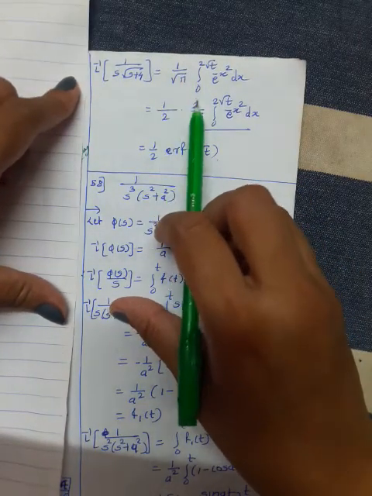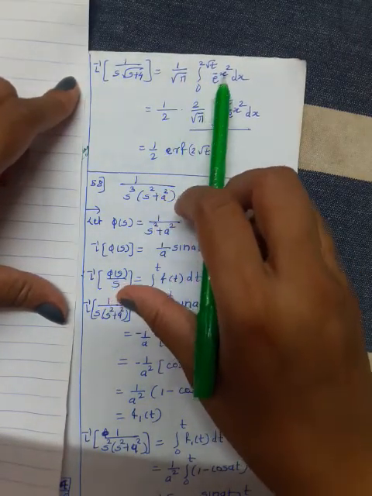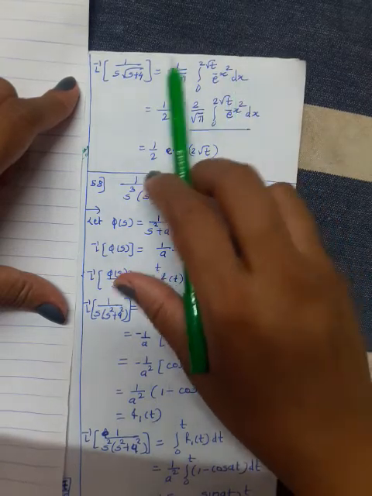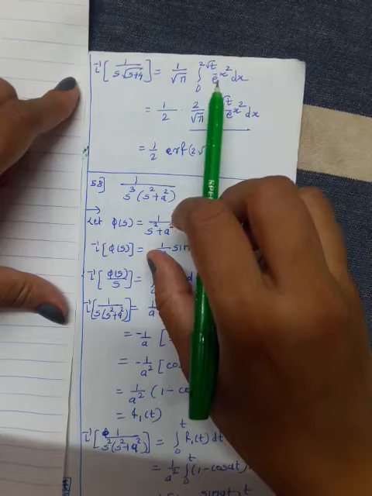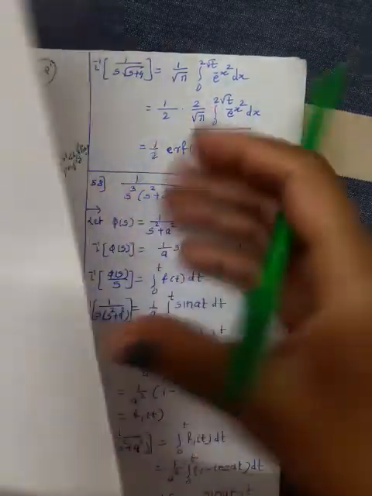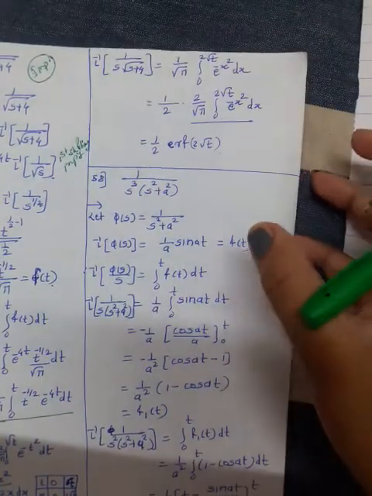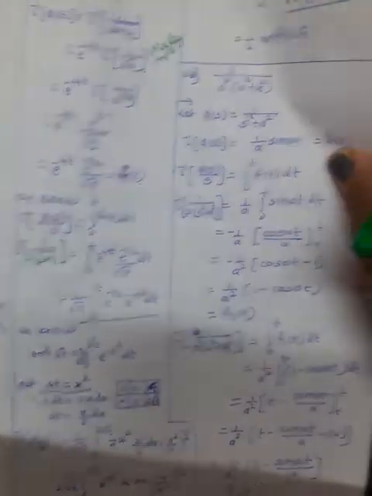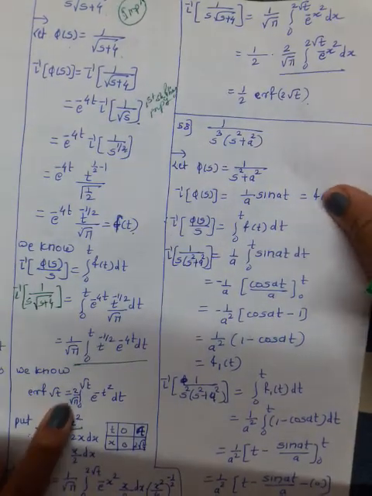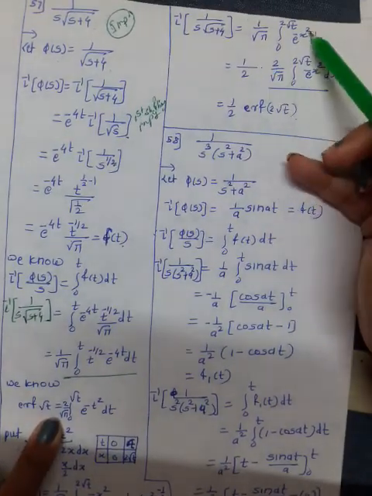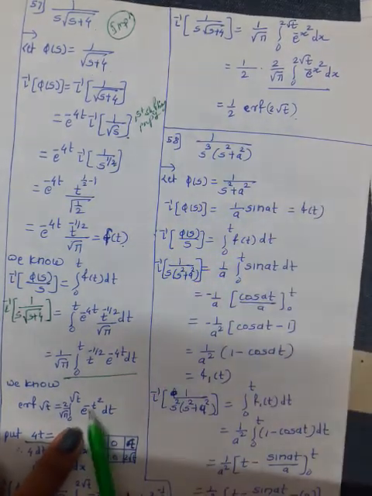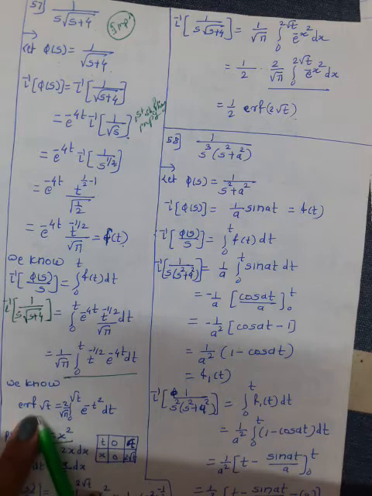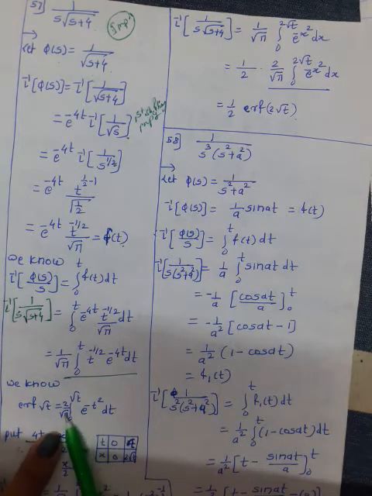We get one upon root pi integration 0 to 2 root t, e raised to minus x square dx. This is our final integration. Now if you observe this integration with the error function of root t here, the error function has 2 upon root pi.